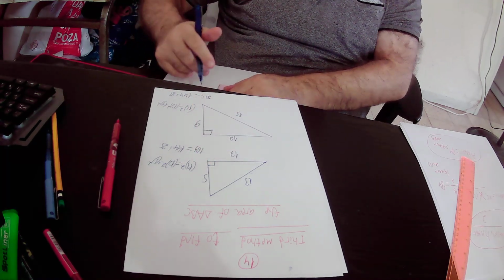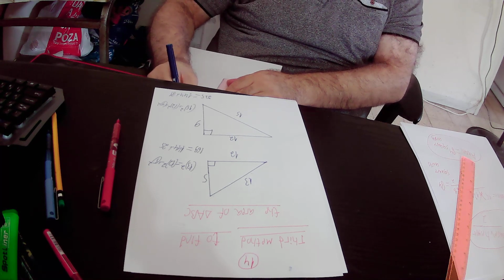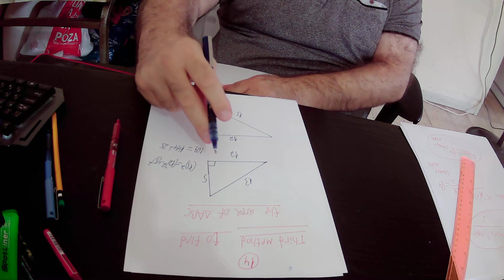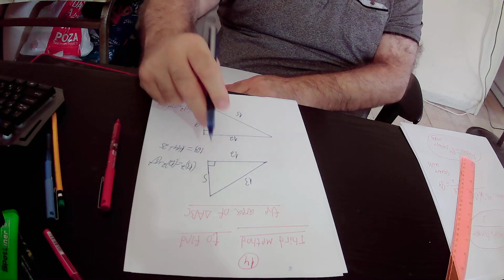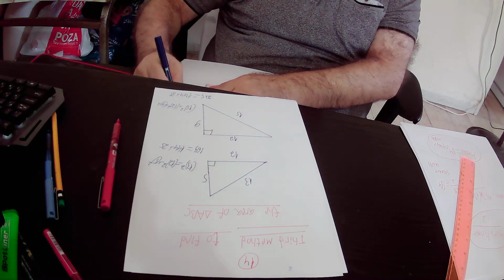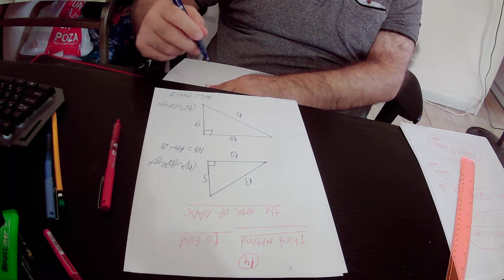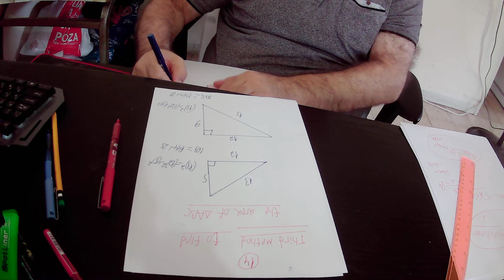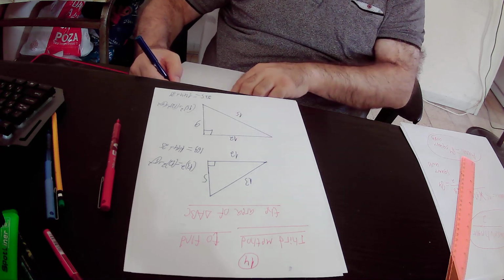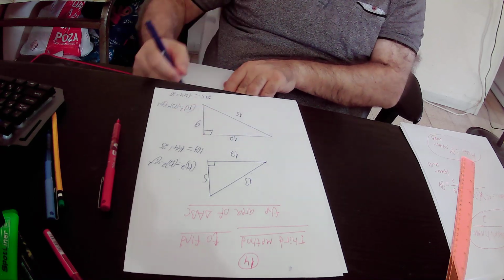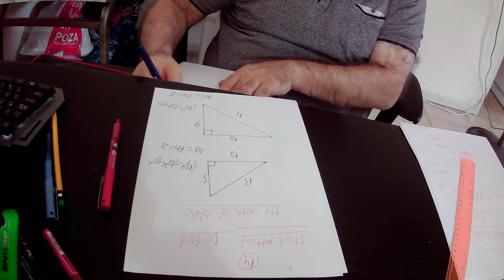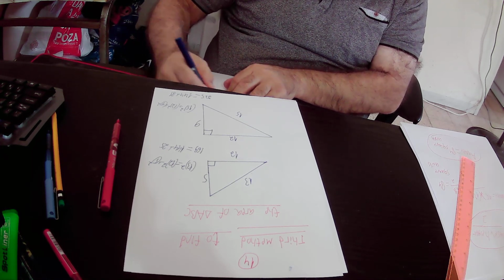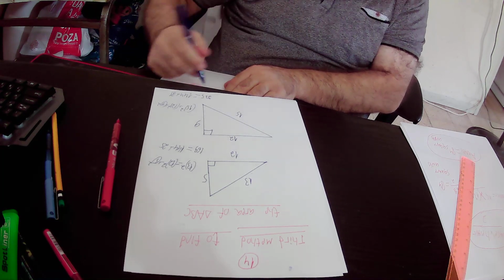So if we combine those two sides together, here 9 plus 5 is 14, so this side will be equal to 14 units. Here we have 13 units. And here we have 15 units.